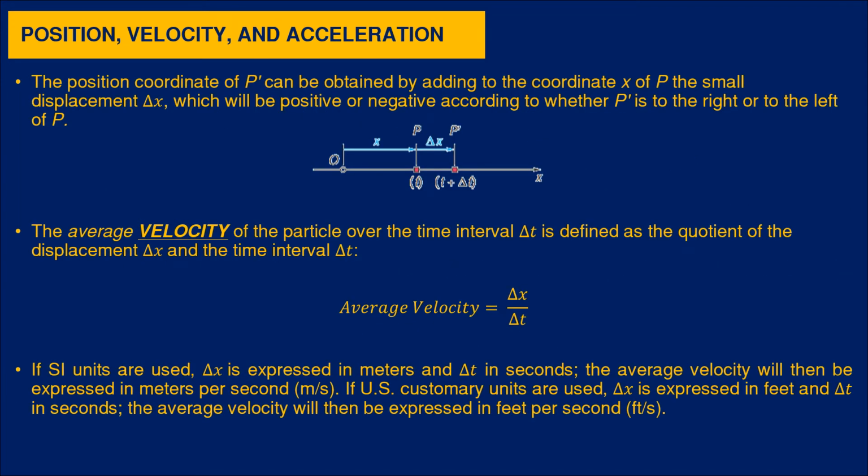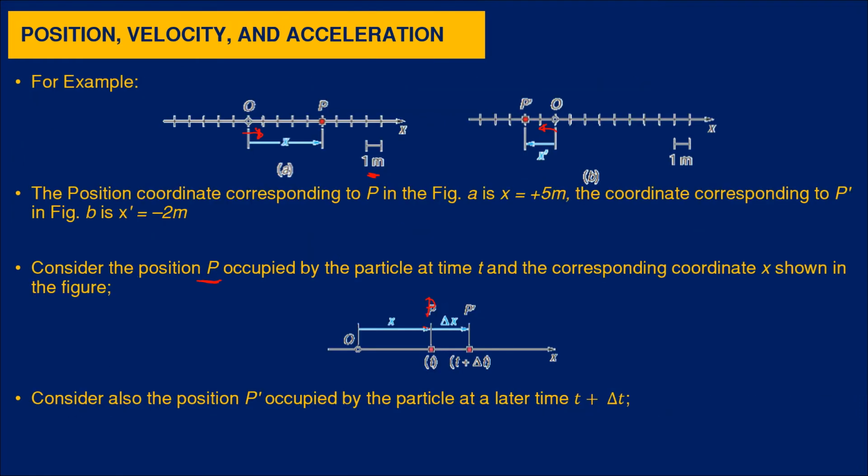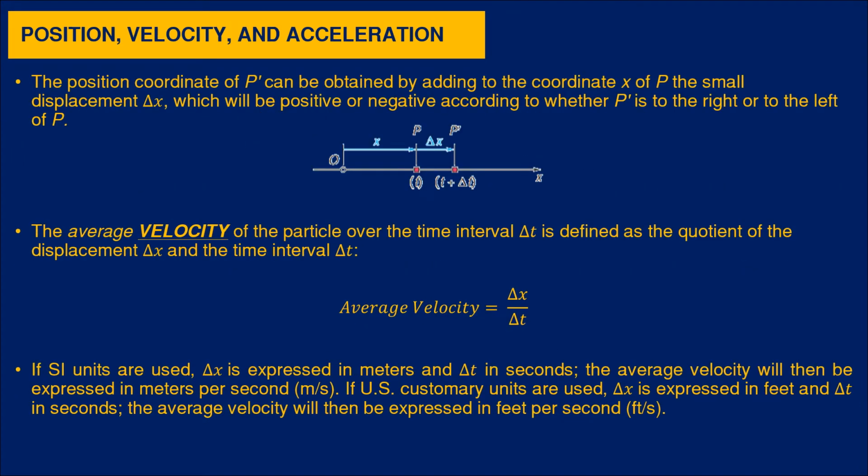The position coordinate of P prime can be obtained by adding to the coordinate x of P the small displacement delta x, which will be positive or negative according to whether P prime is to the right or to the left of P. Now, the average velocity of the particle over the time interval delta t is defined as the quotient of the displacement delta x and the time interval delta t.